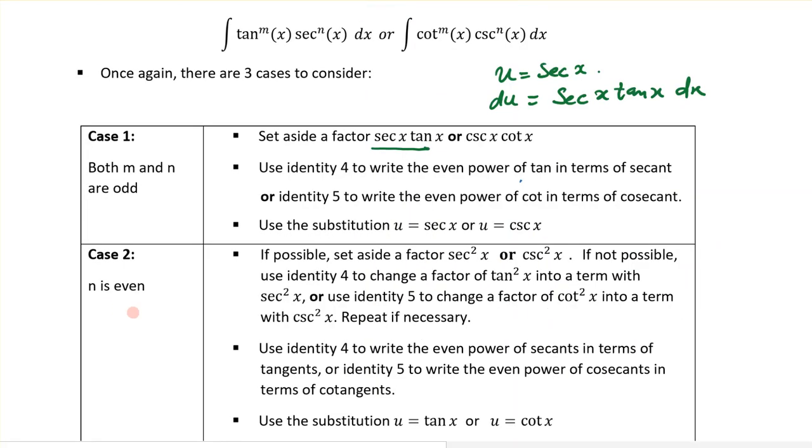So case 2 is when n is even. It means when the power of secant is even or the power of cosecant is even. I'm just going to discuss it for tangent and secant. The same rules apply for cotangent and cosecant together.